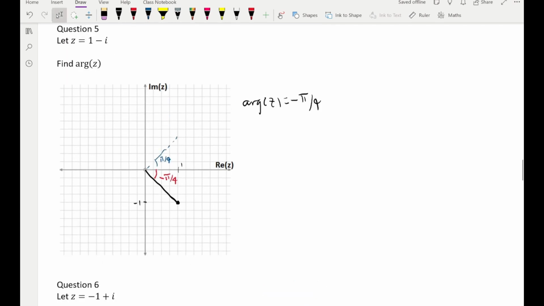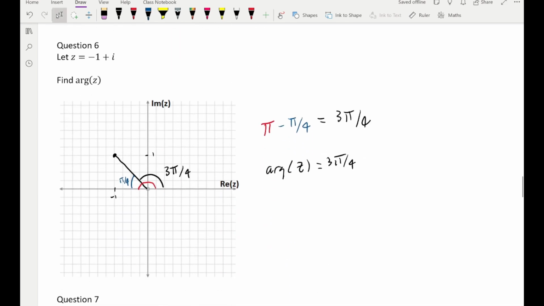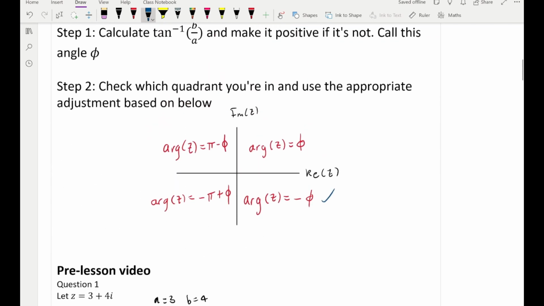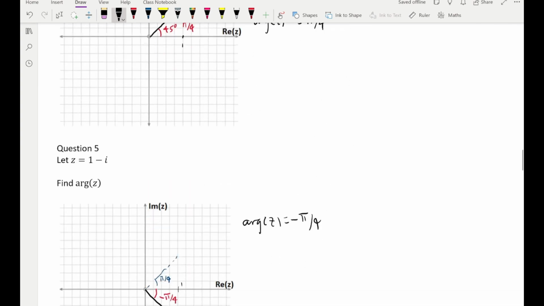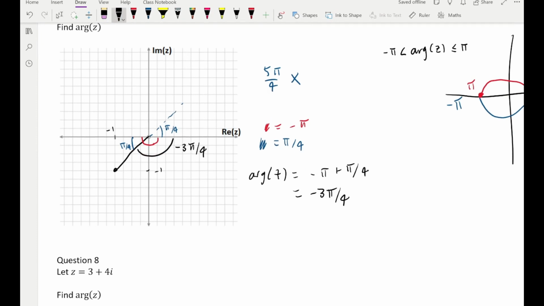So if I scroll back down to this example, our number was in the bottom right, so I just took negative pi over 4. Next example we did was I did pi minus whatever that number was, and that's why in this formula up here, I've written pi minus whatever phi was. In that case, it was pi over 4. Similarly, in the last bit, I've written minus pi plus phi, and that was basically what I did there. So if we go back to the example, I did minus pi plus that number.